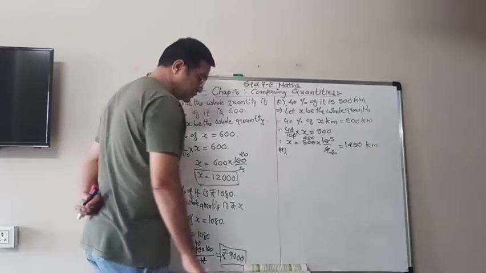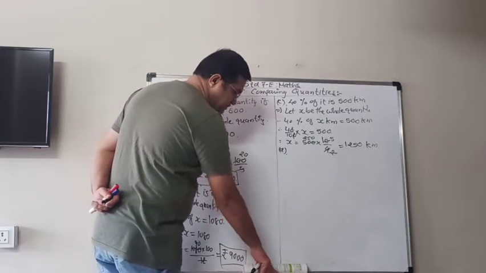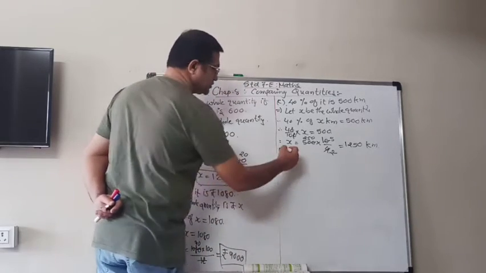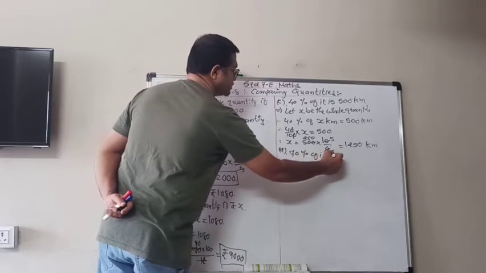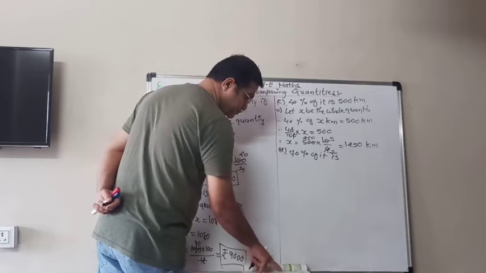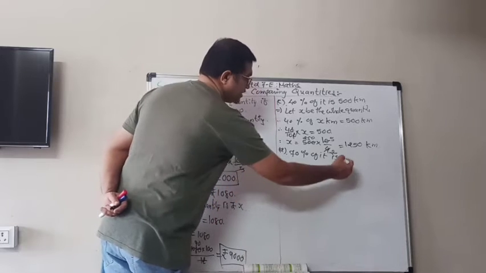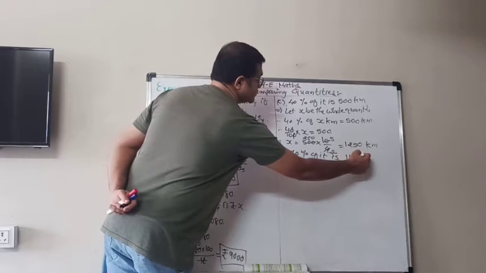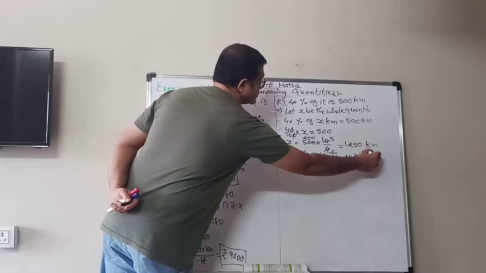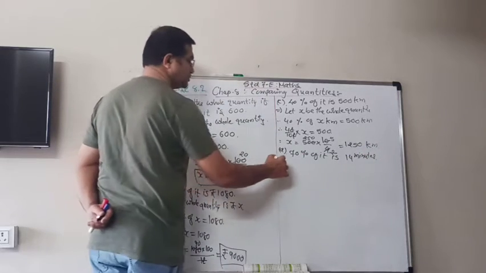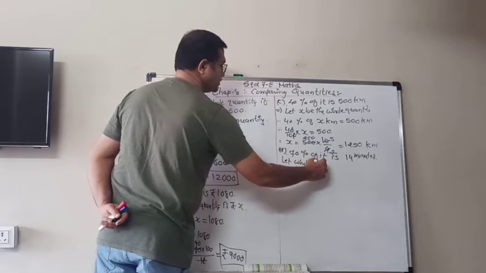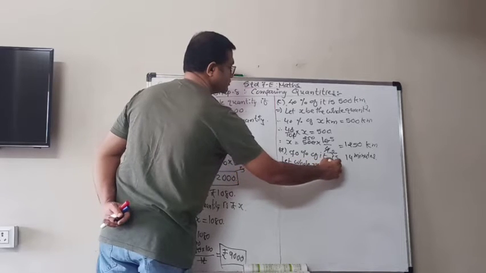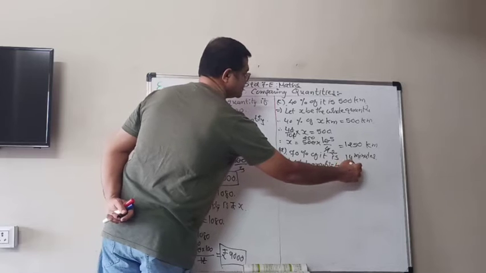D is 70% of it is 14 minutes. So let the whole quantity be x minutes.